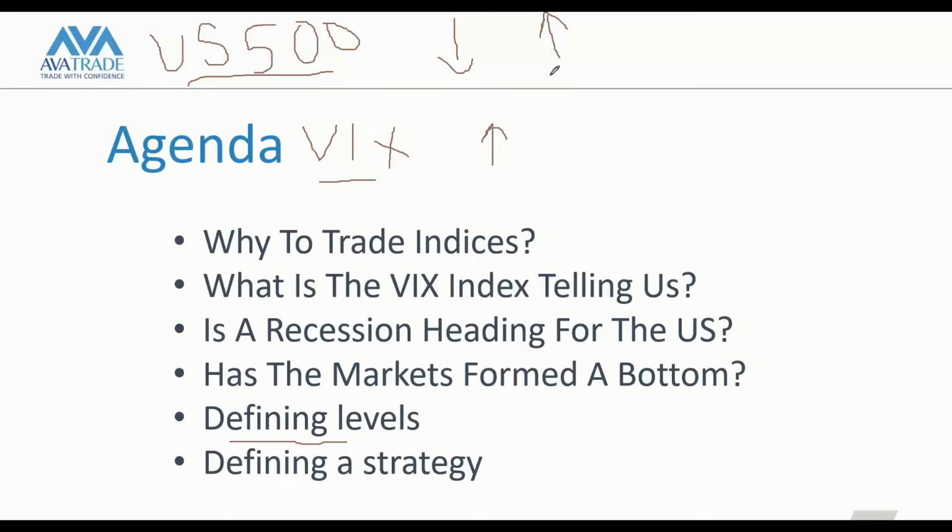They feel happier about the sentiment, so it moves to the upside. What happens with the volatility index? It naturally moves to the downside. So you can see the relationship between the volatility index and the S&P 500 index is really opposite. When one moves down, the other moves up. When one moves up, the other moves down. That is the relationship between the VIX index and the S&P 500 index. It tells us again how much uncertainty is in the market.